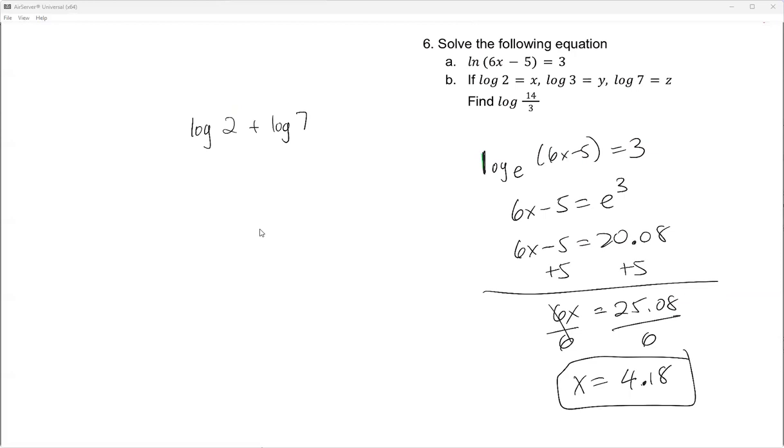And then it's minus log 3, because you're dividing. So you find factors of 14, which are 2 and 7. So log 2 plus log 7, 2 times 7 is 14, minus log 3 because that's division. Now what's log 2 equal to? X. What's log 7 equal to? Z. What's log 3 equal to? So this is your final answer: X plus Z minus 1.